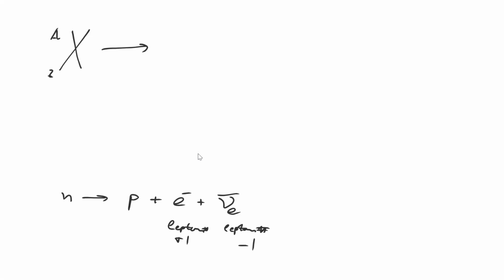So all the quantum numbers, electric charge, Q is +1, Q here for the electron is -1, electric charge here is 0.